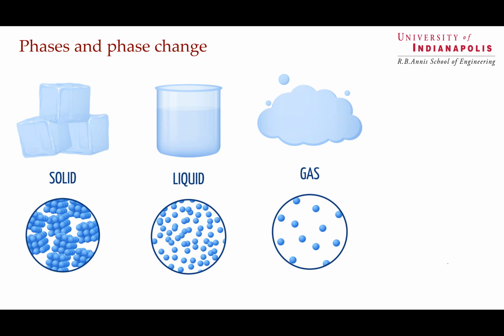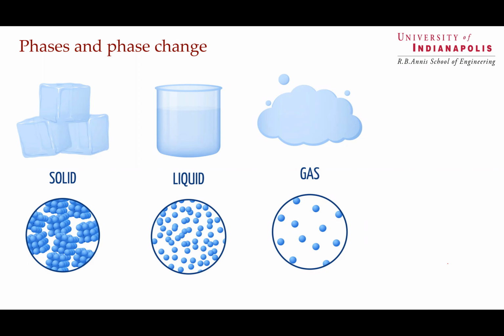Liquids take the shape of the container that holds them. And then gases have the least intermolecular attraction between the molecules, and the gas molecules are freely moving here and there. They have intermolecular collisions sometimes. So that's about solids, liquids, and gases.